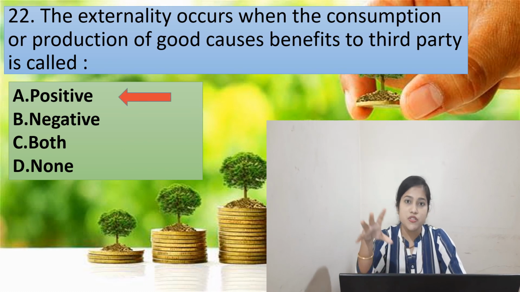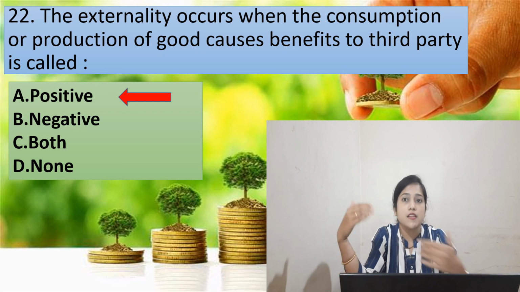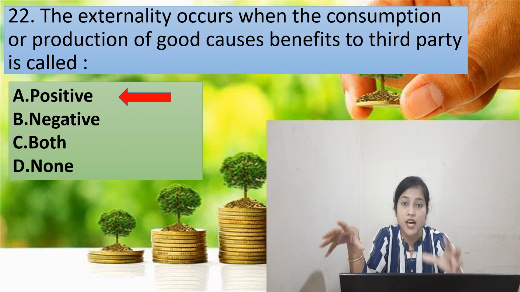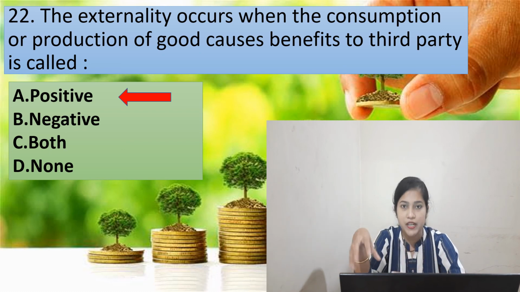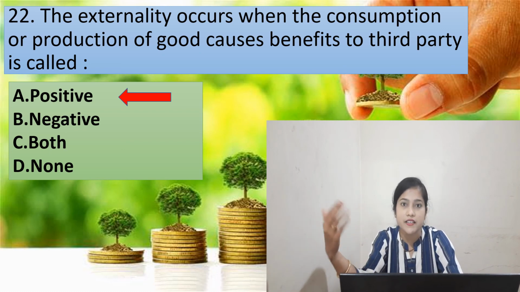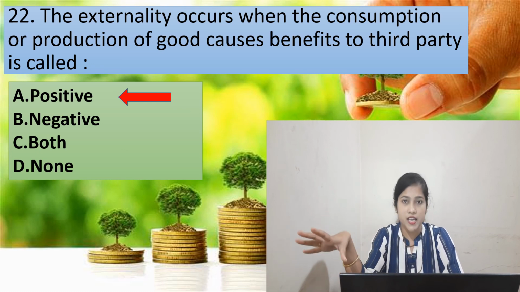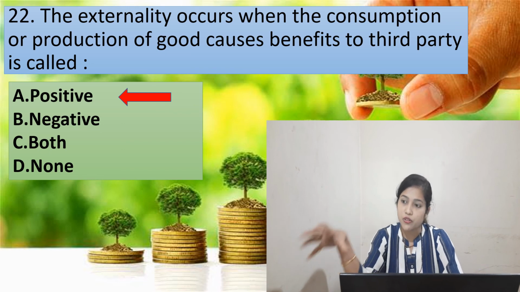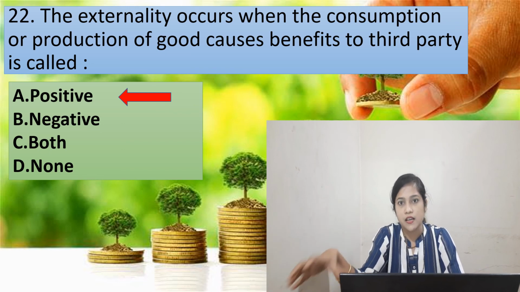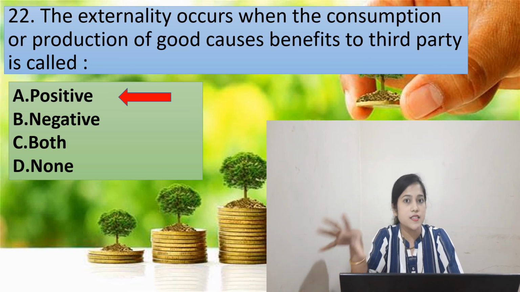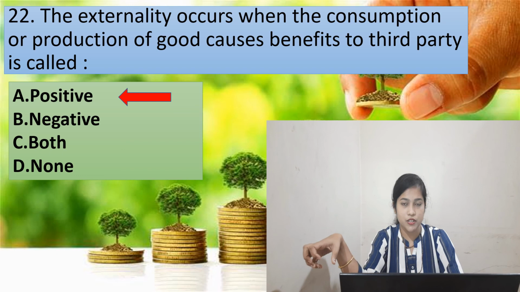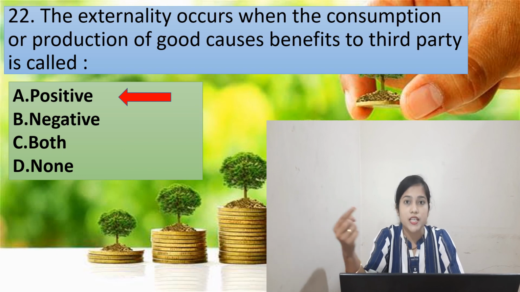Suppose you have a sunflower field, and nearby another person has put a honey bee box, and those honey bees come to your field, extract some honey, and increase in population. In this case you are not doing anything, but naturally, due to your production of the sunflower field, the third person is benefited. As he is benefited by your production, that is called positive externality.